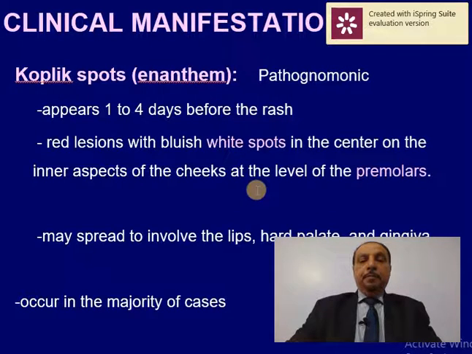are pathognomonic for measles. The Koplik spots may spread to involve the lips, the hard palate, and the gingiva. It occurs in the majority of cases. This is very important for the diagnosis.